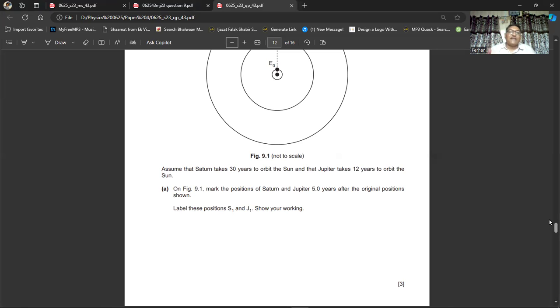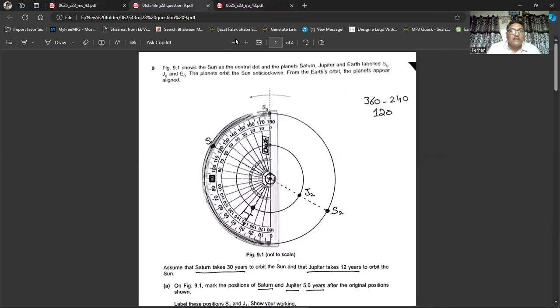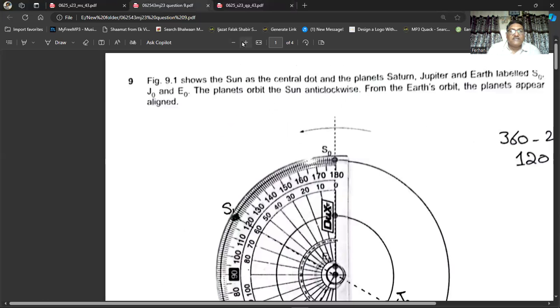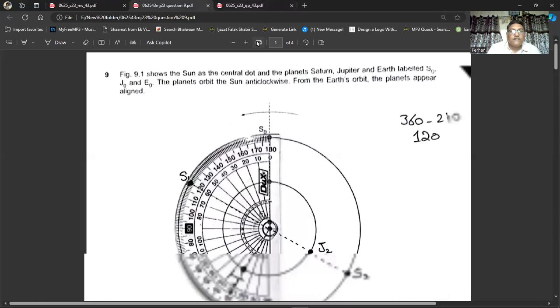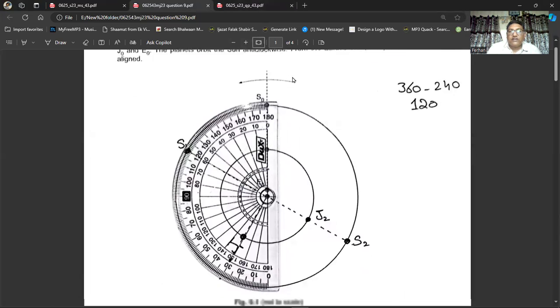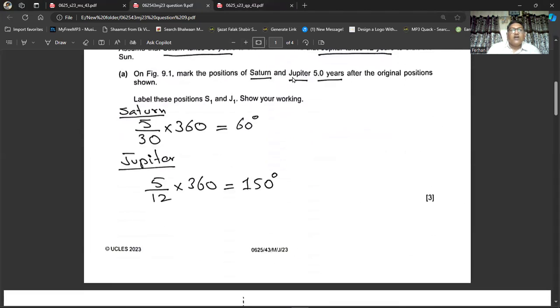So first of all, I will calculate how much angle Saturn will move in 5 years. So let me show you the calculation. I have done those calculations. So let me bring it here. The calculations are here. Okay, for Saturn, because Saturn will complete its orbit in 30 years, in 5 years, how much angle will it move?